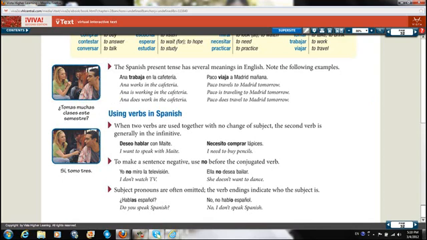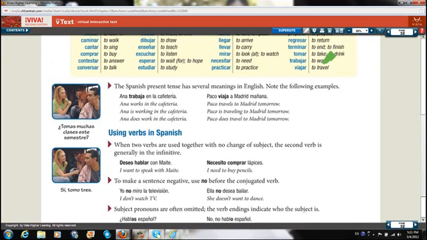Tomas, and I guess I am going to have to go back up here because again, it's in the fourth column. Tomar is to take. So are you taking? Because it's that AS ending, we know it's the tú. ¿Tomas muchas clases este semestre? You taking a lot of classes this semester? And Javier answers, sí, tomo tres. I am taking three.